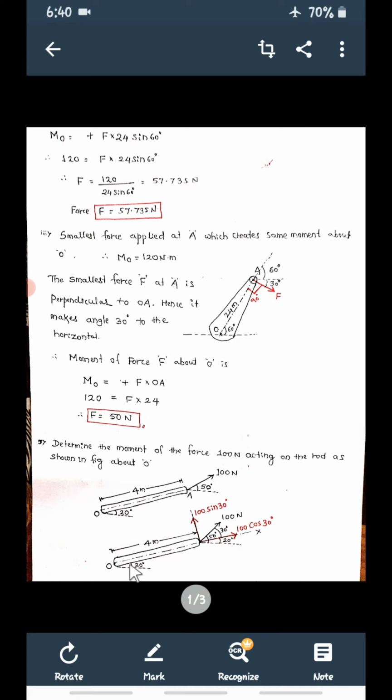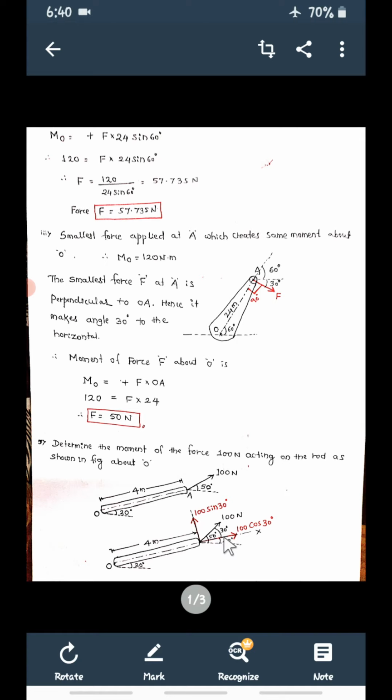Because this is 20°, automatically this will be 20° by alternate angles. If this is 20° and the force to the horizontal is 50°, then 50 minus 20, the remaining is 30°.